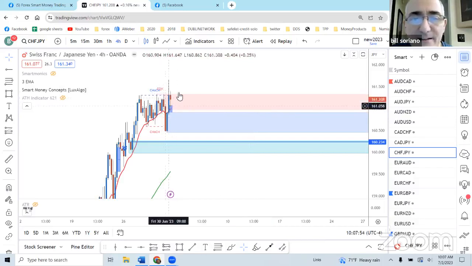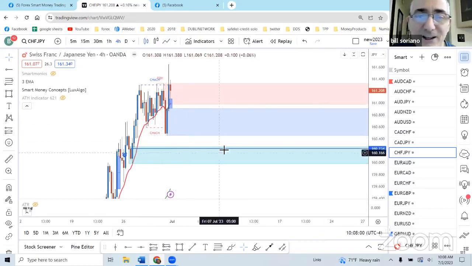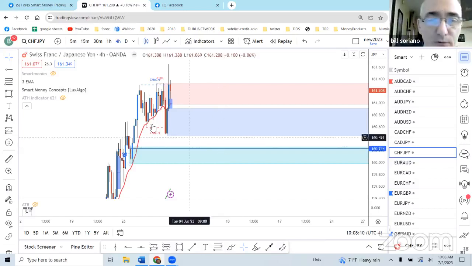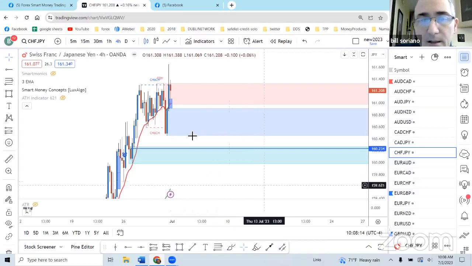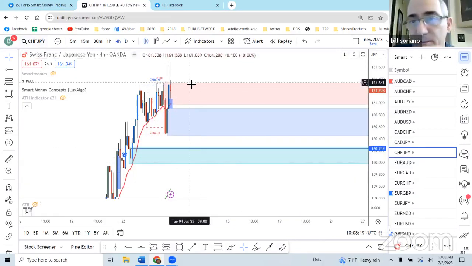The reason why it's giving us a bearish order block is because there was a change of character here on the 4 hour. But that change of character isn't enough for me to take a trade down. Okay, I need a little bit more than that. I would need this order block here to be completely violated before I would look to sell CHFJPY.